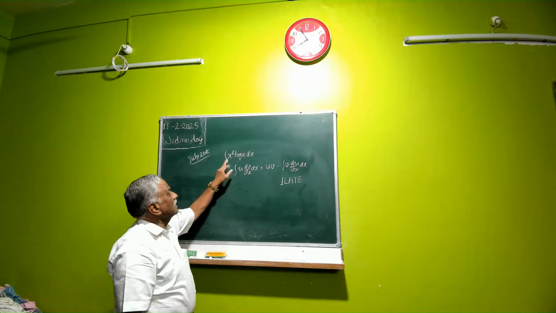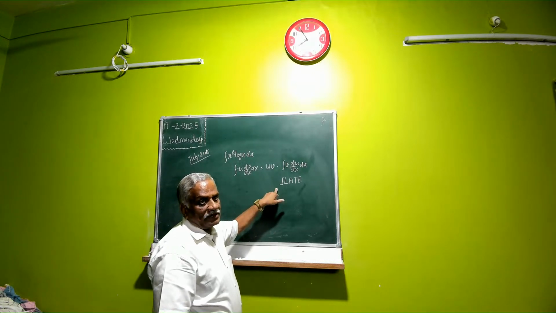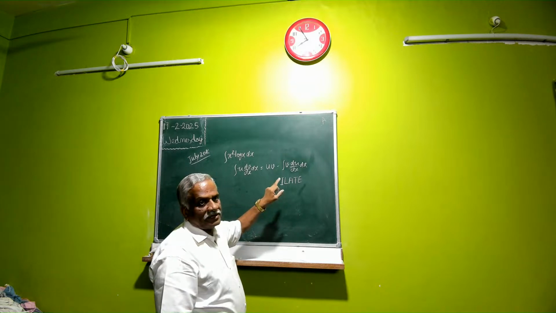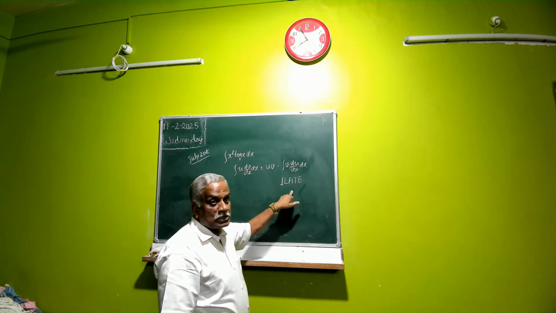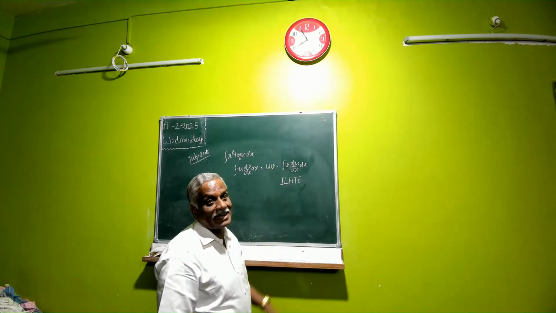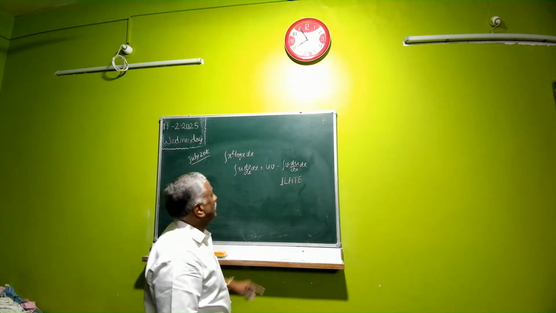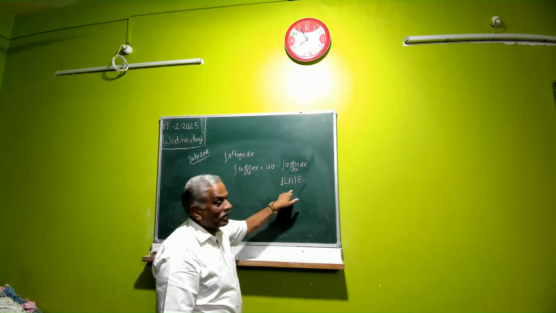Now you have got x square and log x. What is ILATE? I stands for inverse function, L for logarithmic function, A for algebraic function, T for trigonometric, E for exponential. Now, algebraic comes after logarithmic.